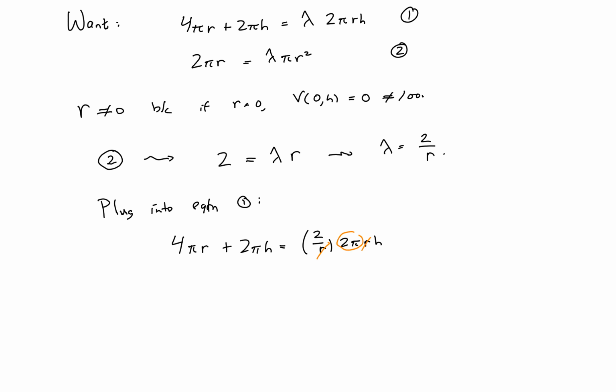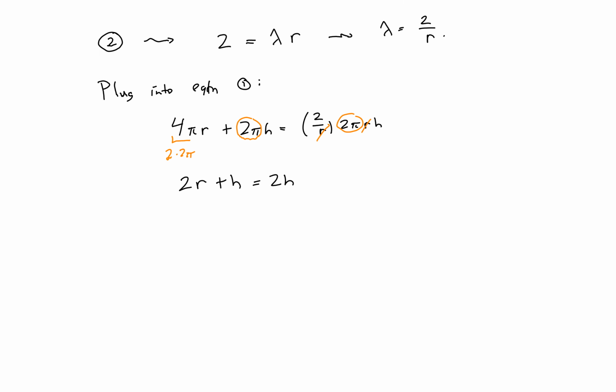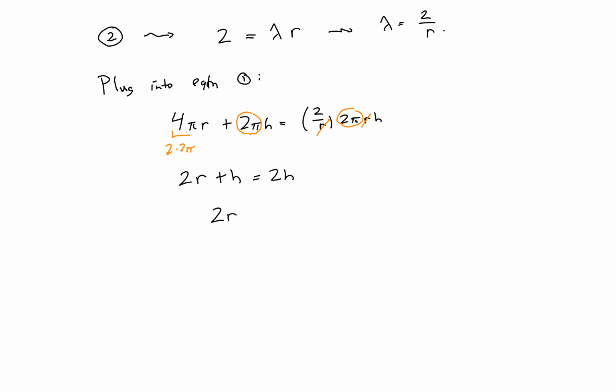And then I can take this 2 pi and write it as 2 times 2 pi, and cancel those 2 pi's out as well. And so I will have a 2r left here, plus h, and on the other side I have 2h. So I can subtract the h from each side, and I have 2r is equal to h.